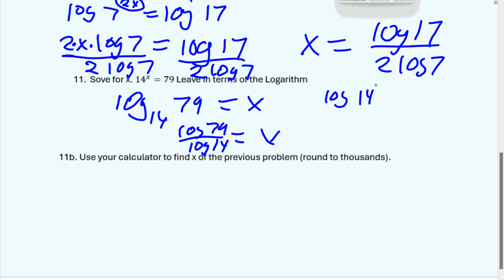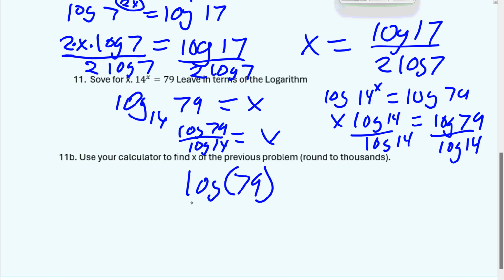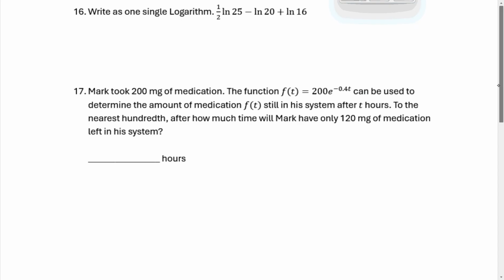So log 14x, log of the other side, bring the x in front, and then just divide by what's not x, because I only have one x. These are the best type of problems. So you can see I get the same exact thing. Log 79 over log 14. And then you just plug that into the calculator for this second part, right? Make sure you close off this divided by closing off this one, right? And then hit enter. All right, so that's the first part of the quiz, right?